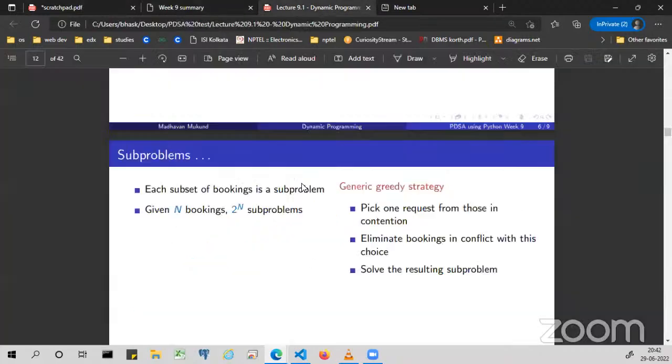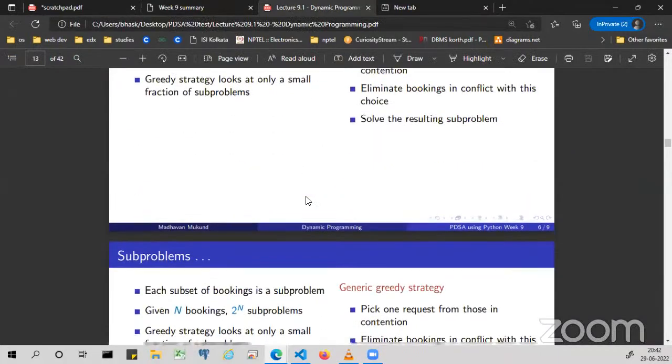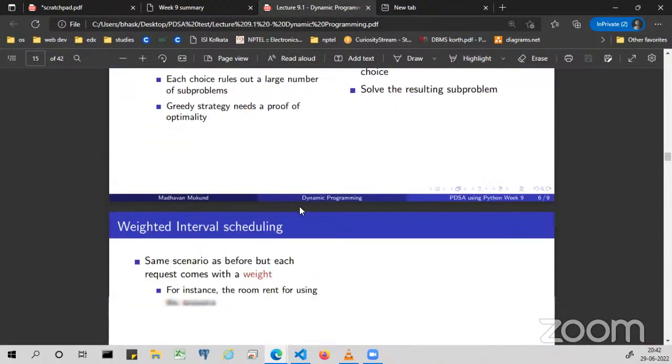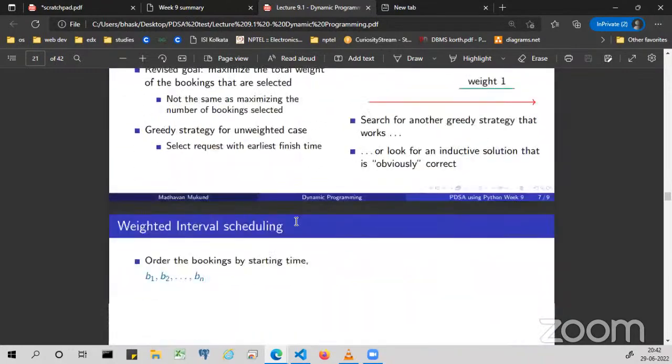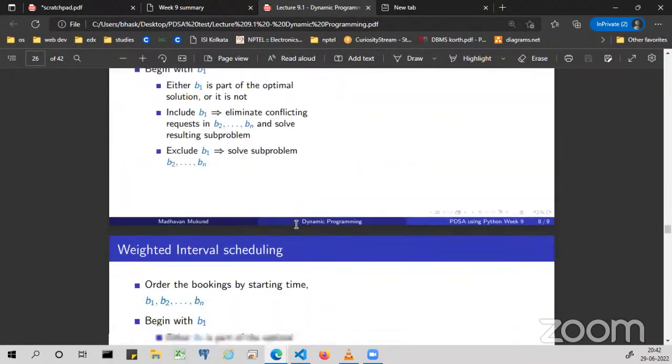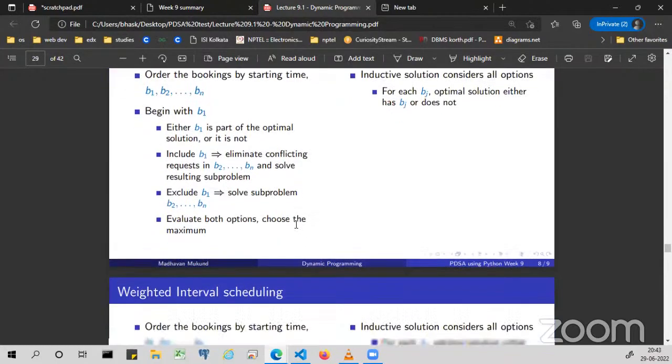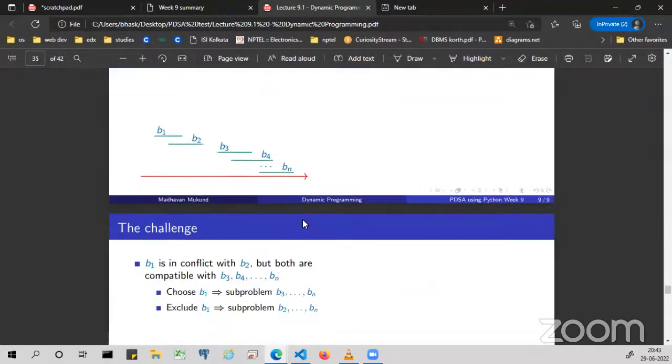And let's go over here. So these are just the motivation parts.